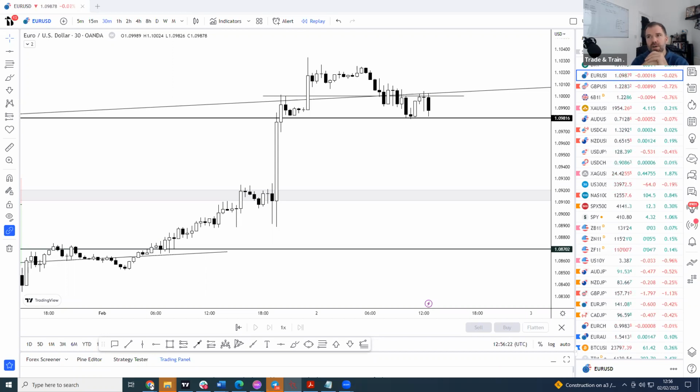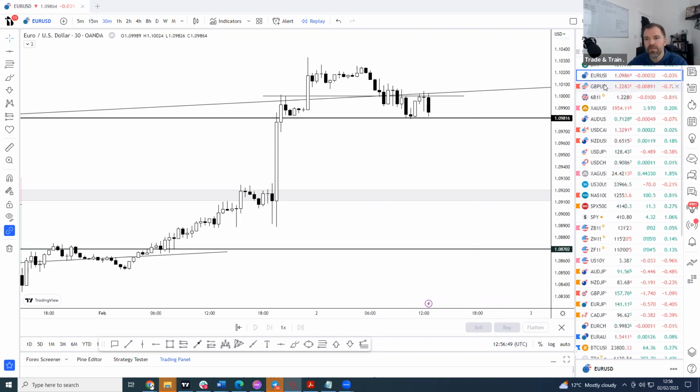The longer you're in the market, the longer you're exposed to risk, the more likely you are to have a losing trade. So it's all about being as disciplined as possible, sticking to your setup. And if it occurs, you stamp on it. Hopefully you make the money. And if you don't make the money, you lose as little as possible. So, things to consider.